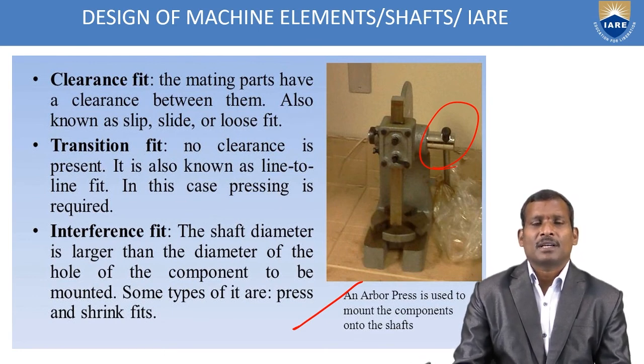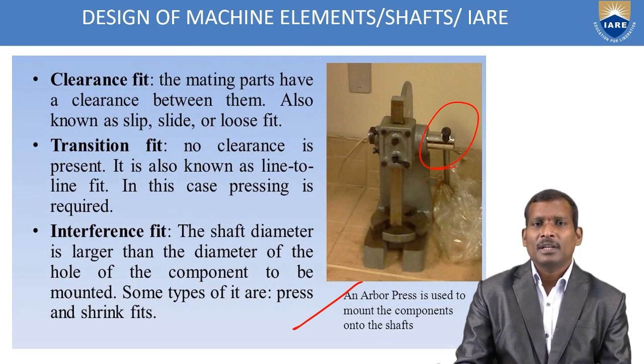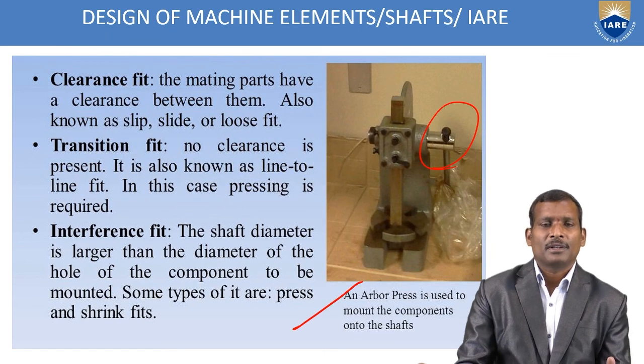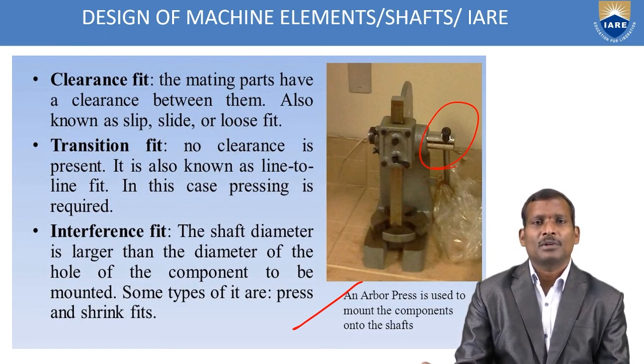This type of fit is called clearance fit, also known as slip, slide or loose fit. Second one is transition fit. No clearance is present between the shaft and the hole. It is also known as line to line fit. In this case, pressing is required. You have to apply hand force.